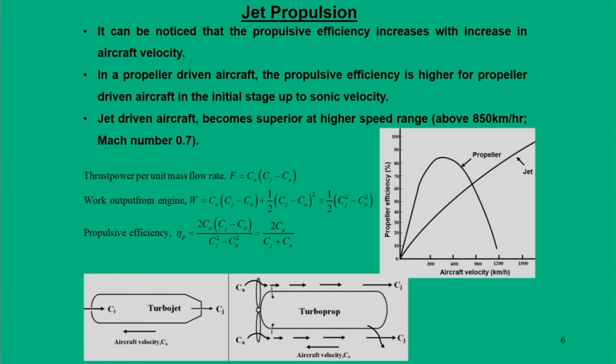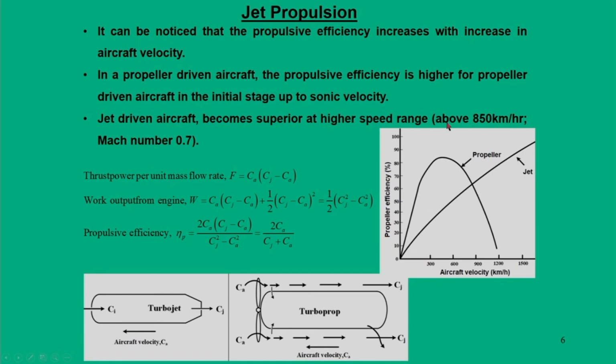Normally, you might have seen that commercial aircraft, when they are supposed to run at lower speed, prefer to have a propeller driven engine, which we call a propeller engine. When they go for a very high velocity at high altitude, then turbojet or turbofan engines are preferred.